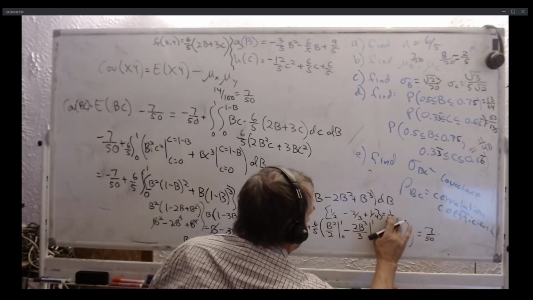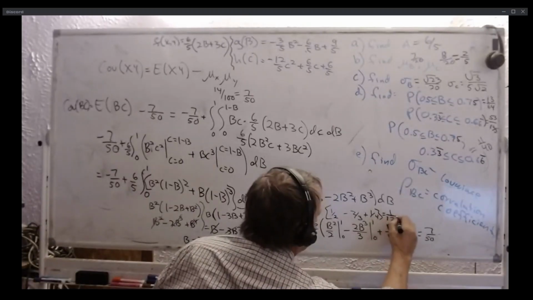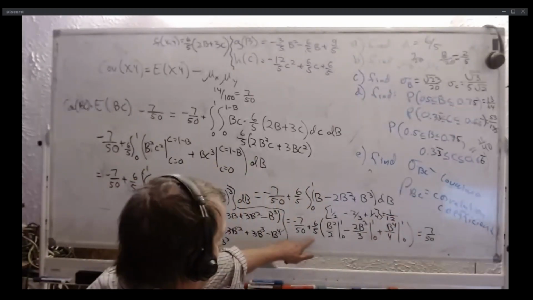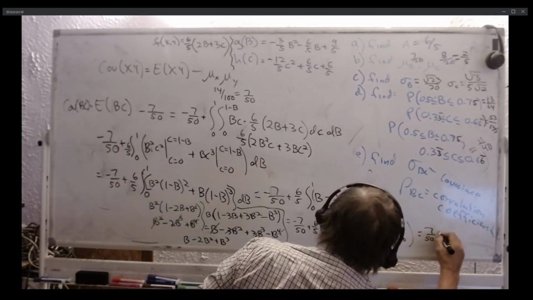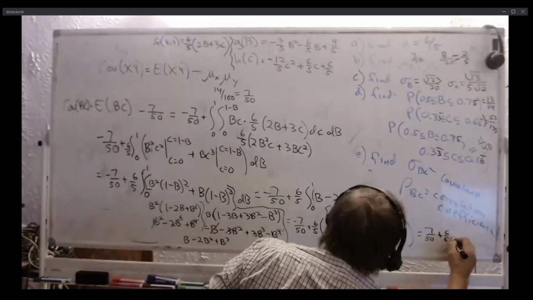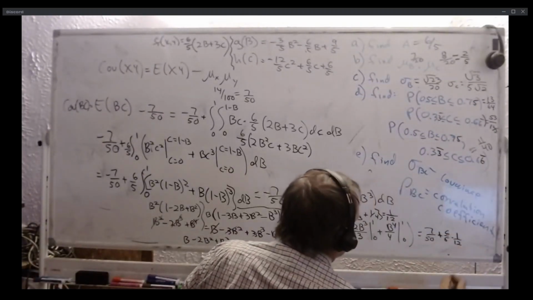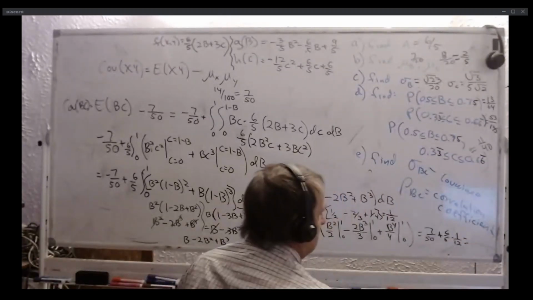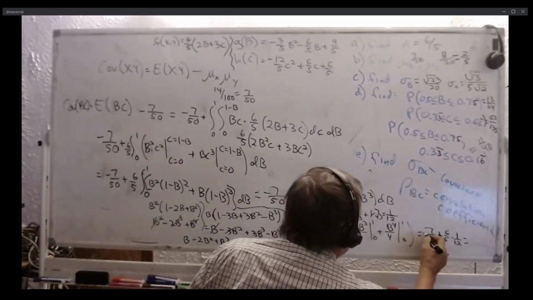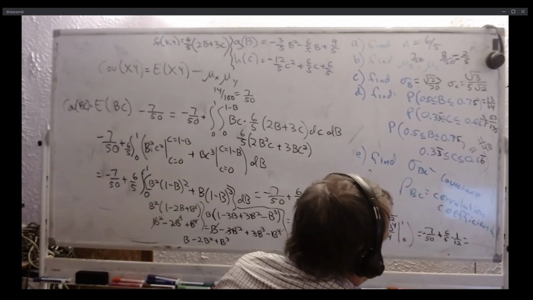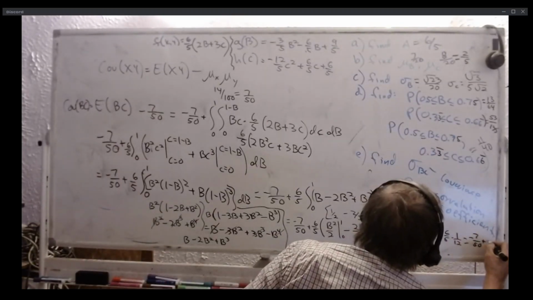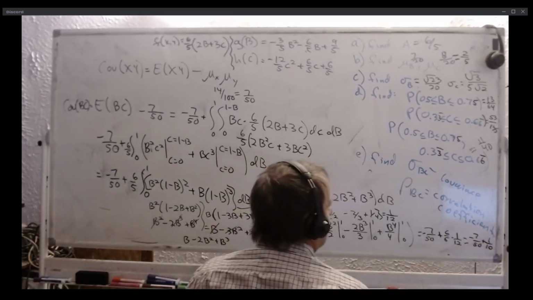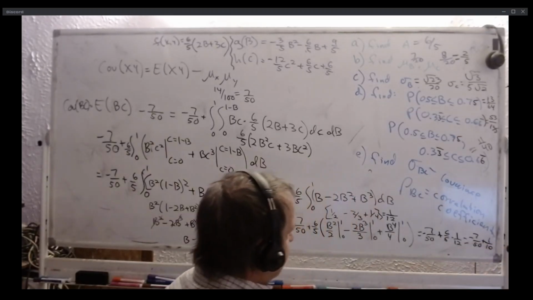I don't know why I wrote 13. It's 1/12. And multiply by 6/5. Don't forget that. So it's plus 6/5 times 1 out of 12. So I get negative 7/50 plus 1/10. I think that's right. I didn't get 1/12 out of this?